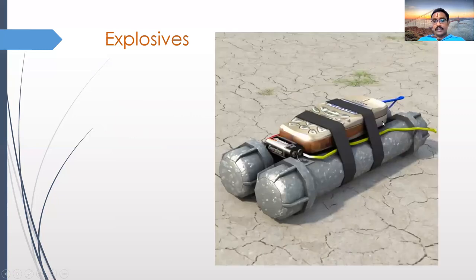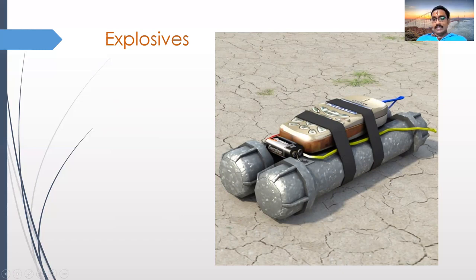One simple picture of an explosive, just to help you understand. There is a cell phone here, with some electrical wires, and then there is a steel pipe. So it's a pipe bomb. Explosive is filled into these metal pipes, and it's also connected to a mobile phone, possibly to initiate this bomb from somewhere else, a remote bomb.